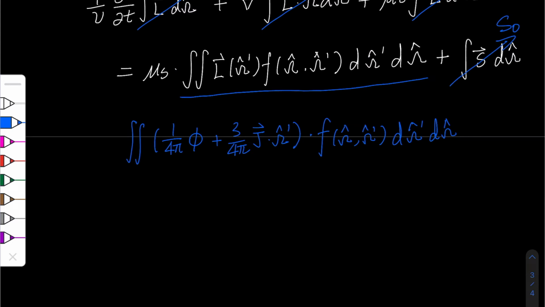Next, we multiply f into each of the terms inside of the parentheses.